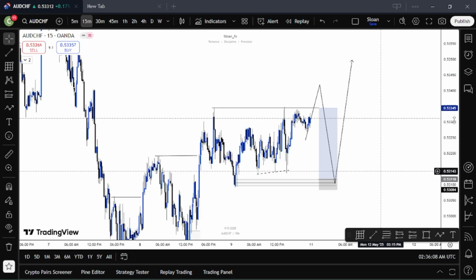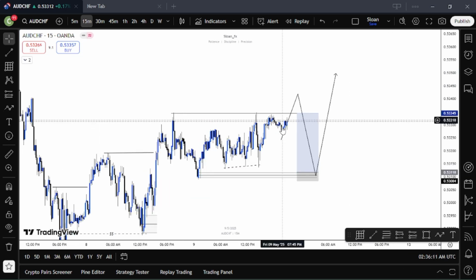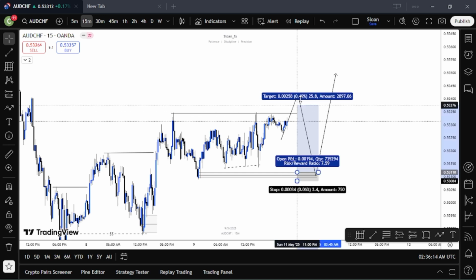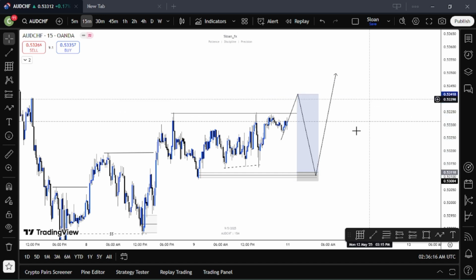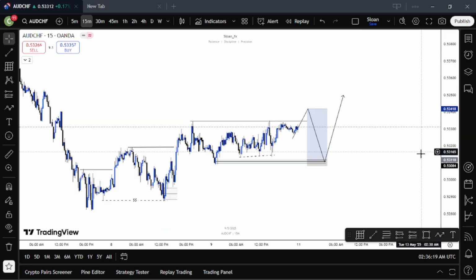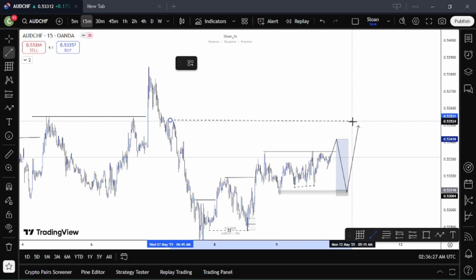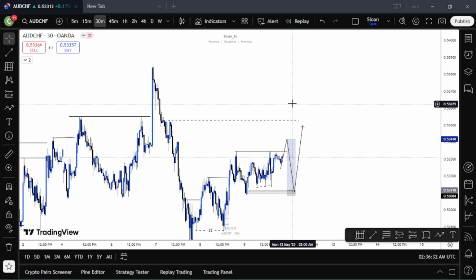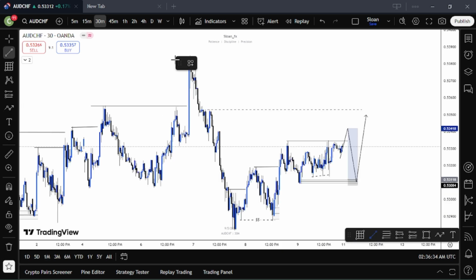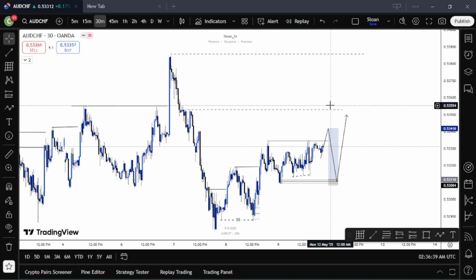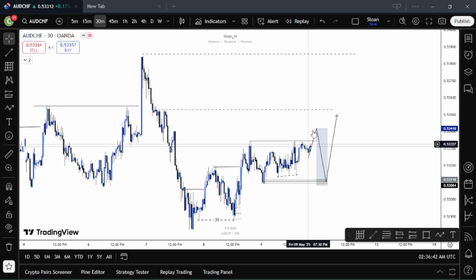Although I know before then the markets would have broken structure from here, so I would actually extend my take profits to that high, or I'll just go and target the external range liquidity, target this zone, probably target here, target here, or I'll probably look for the highest point. Okay, that is if I would want to hold this trade for a very long time, and this would be my take profit 1, take profit 2, and then take profit 3.